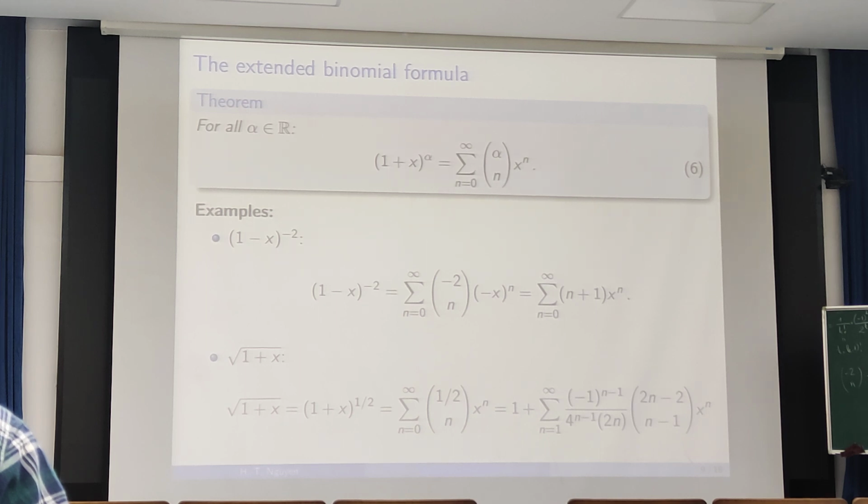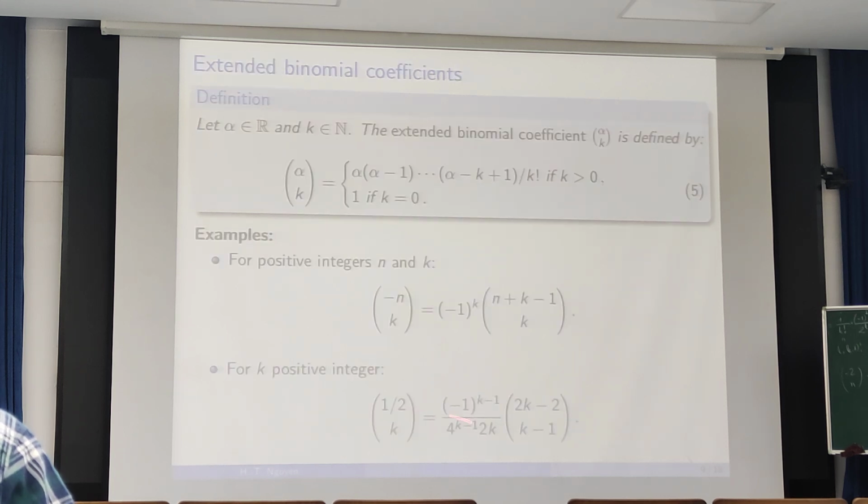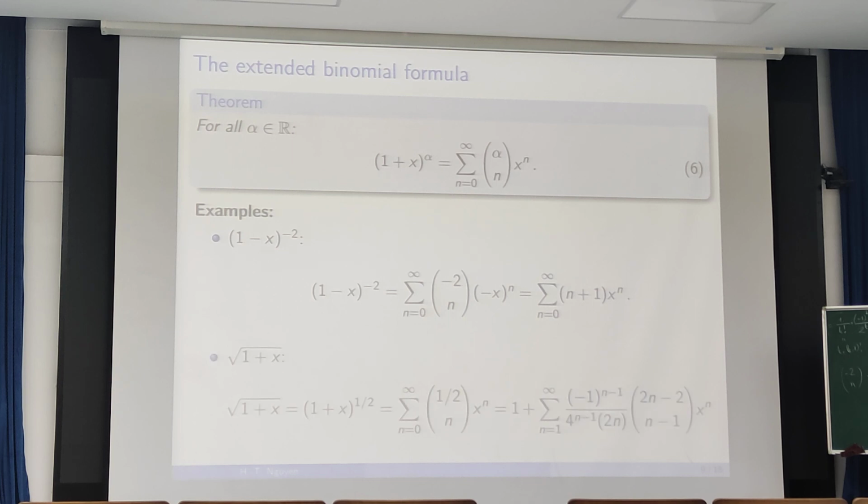Okay, so once again, luckily we have already prepared the calculation of this extended binomial coefficient. So you plug this formula into this equation here, and you get this expression.